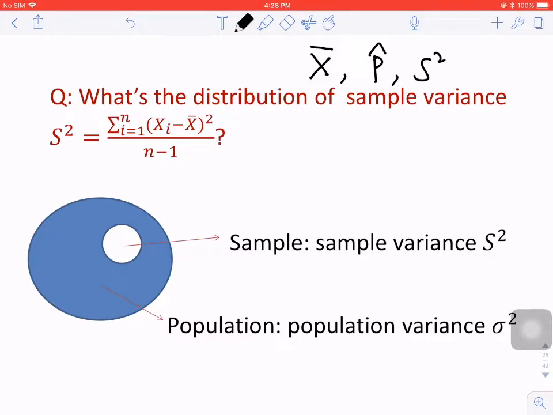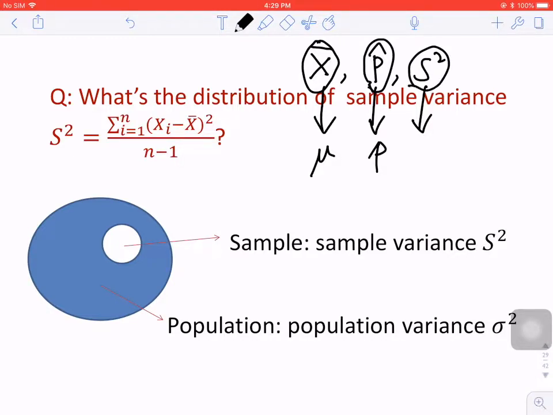We use those sample statistics to estimate the real population corresponding parameters. Say we use X bar to estimate the population mean mu. We can use P hat to estimate the population proportion P. And we can use S square to estimate the real population variance, which is sigma square.